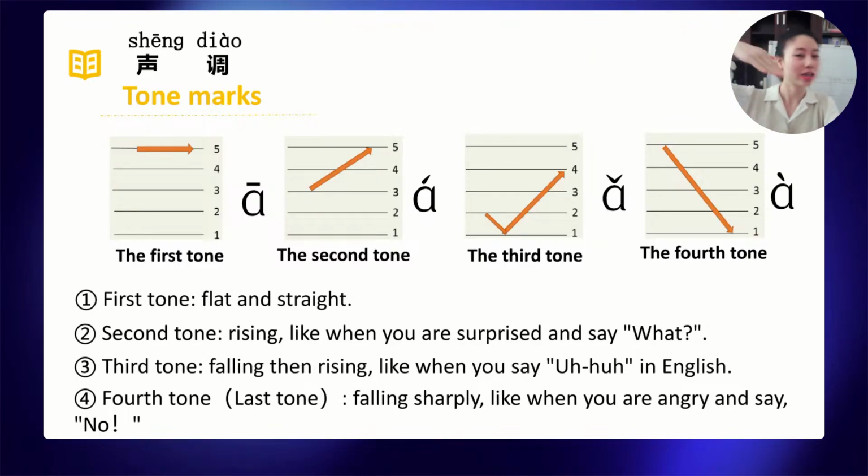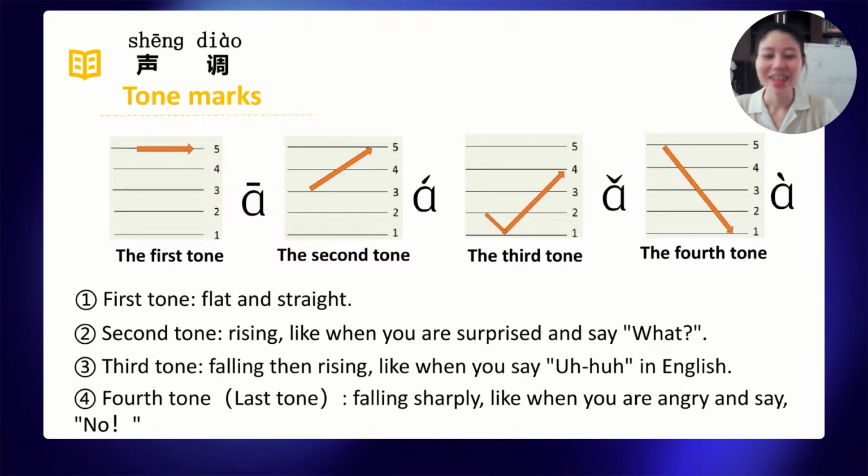The first tone goes down, right? So that means when we pronounce that tone, we're going to read that fast, also with your angry mood. So in this page, you also can find the clue there, right?